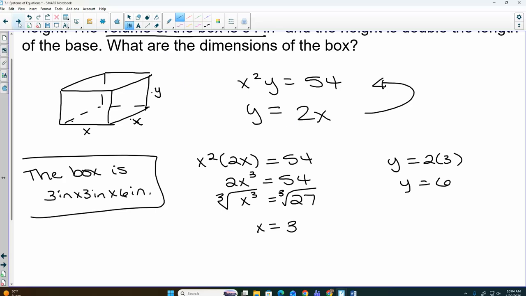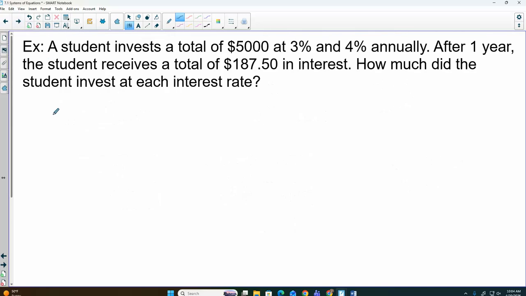One more. A student invests a total of $5,000 at 3% and 4% annually. After 1 year, the student receives a total of $187.50 interest. How much does the student invest at each rate?